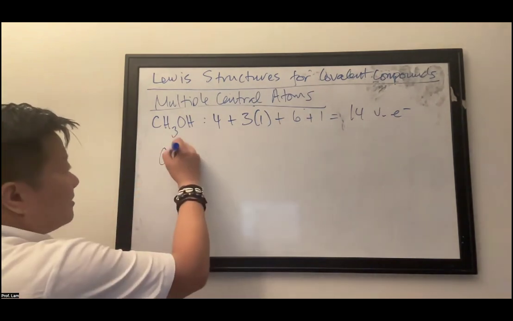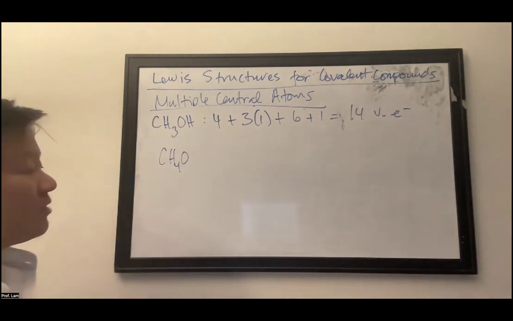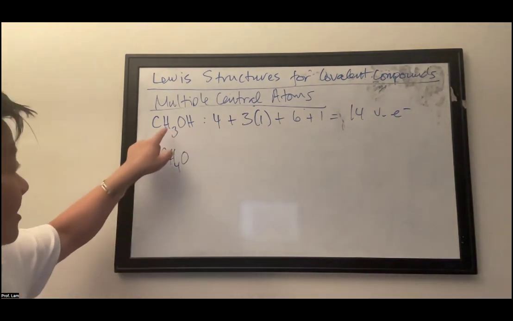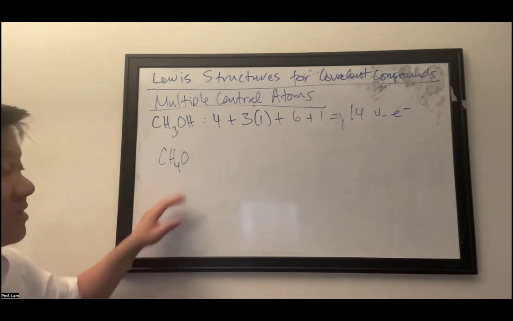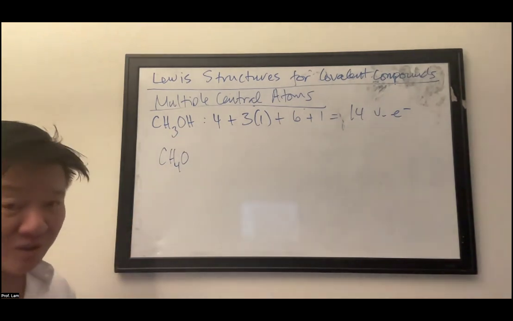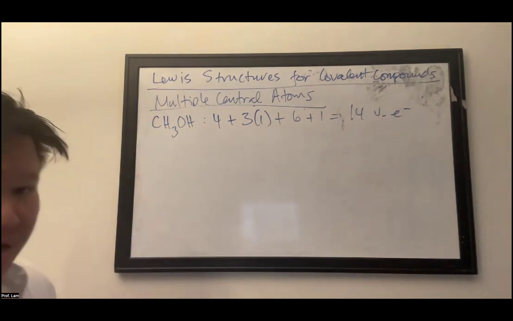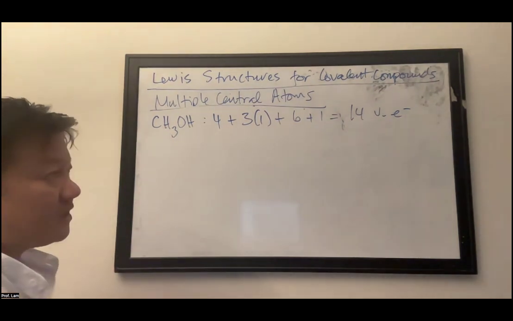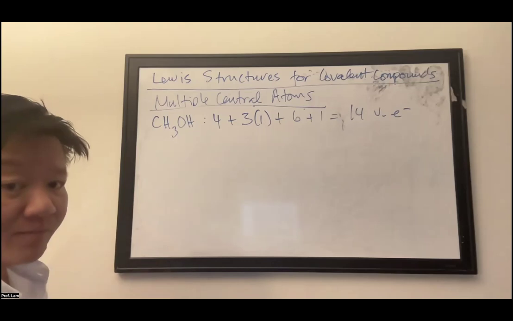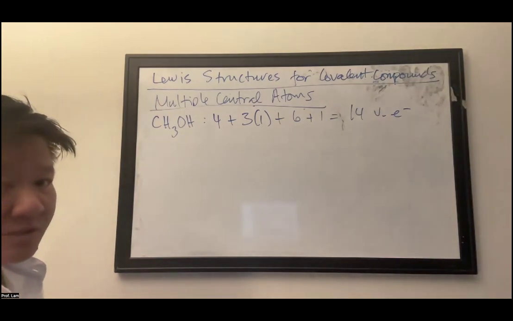It could have been written like CH4O, because there are 4 hydrogens. But if it was written like this, we wouldn't know connectivity. It's more ambiguous. So if you spell it out like CH3OH, read it like a book from left to right, and you know what's going to be attached to what.